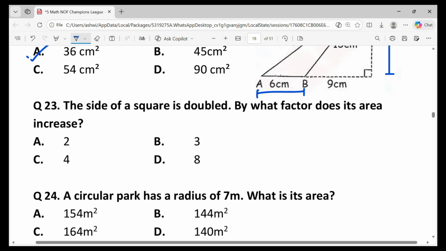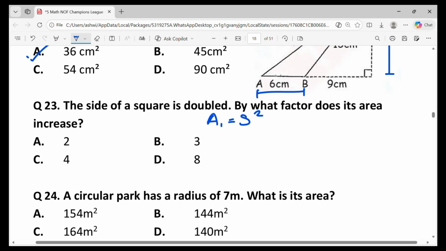Question 23. The side of a square is doubled. By what factor does its area increase? Let the original side of the square be s, so the original area A1 is equal to s square.